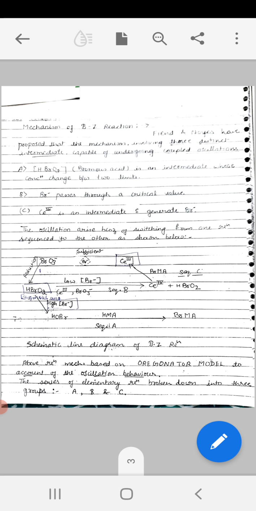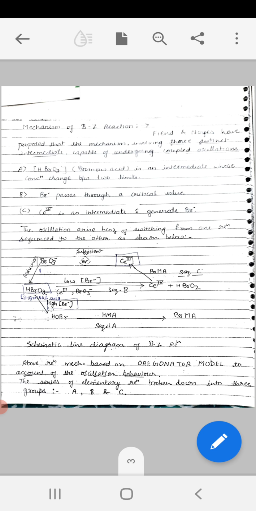Second is the bromide ion, which passes through a critical value. And third is cerium-4, an intermediate which generates bromine radicals. The oscillation arises because of switching from one reaction sequence to the other as shown below.